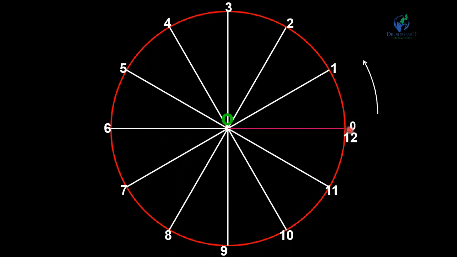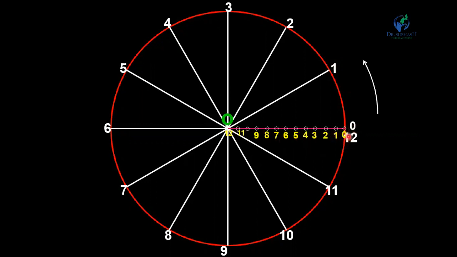Now divide this distance O0 into 12 equal divisions. One part is 5 mm. Name them 0, 1 up to 12. Since we divided the circle into 12 divisions, we divide this line into 12 equal divisions.